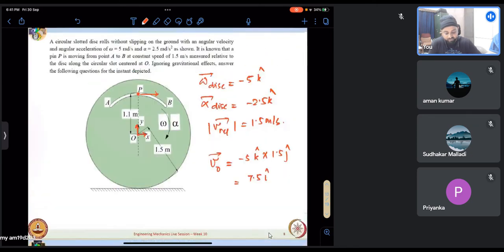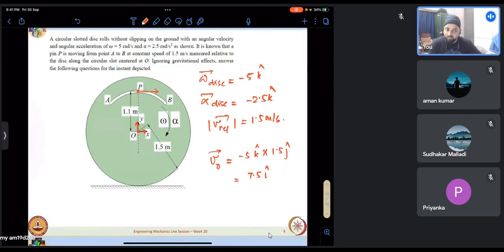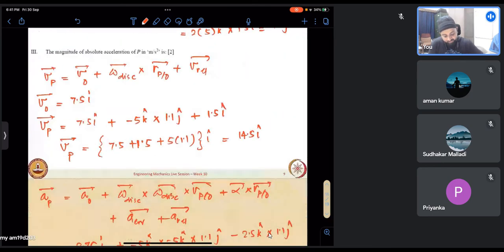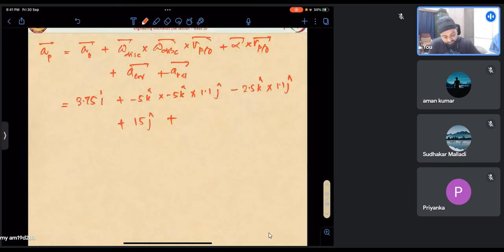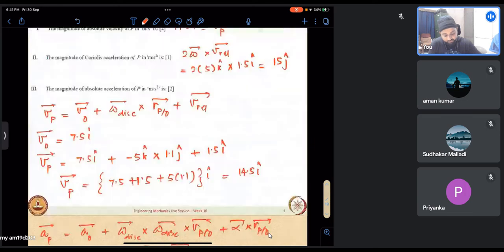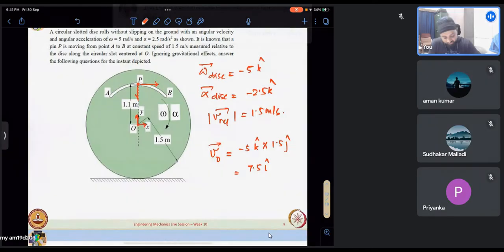If we had a straight slot and it was moving at a constant speed, then AREL is 0. But it is a circular slot, so there will be centripetal acceleration invariably acting. Our AREL is nothing but V squared over R, which is pointing this way at this moment.